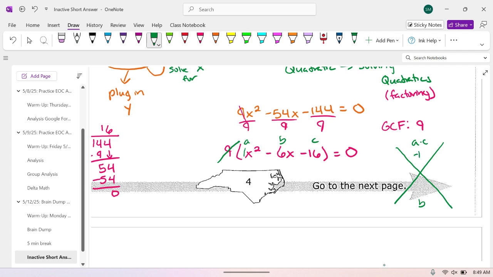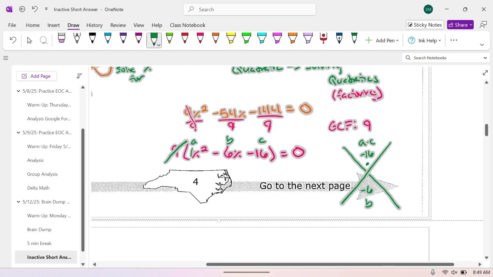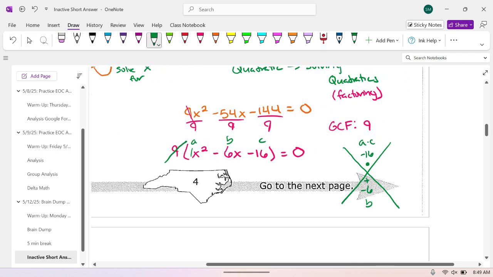Negative 16. 1 times negative 16 is negative 16. What goes on the bottom? Negative 6. So I need two numbers that multiply to negative 16, add to negative 6.